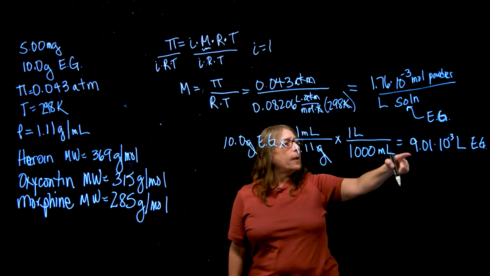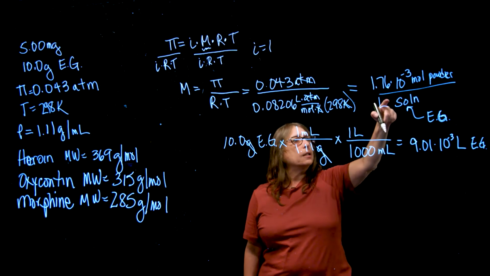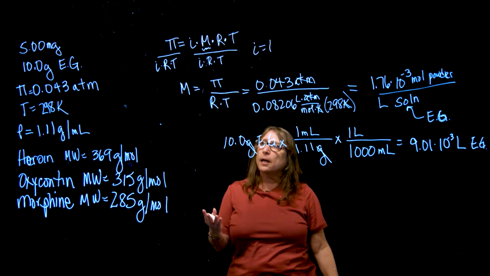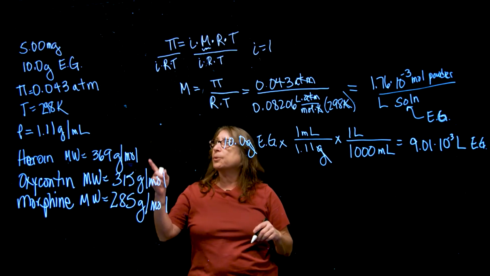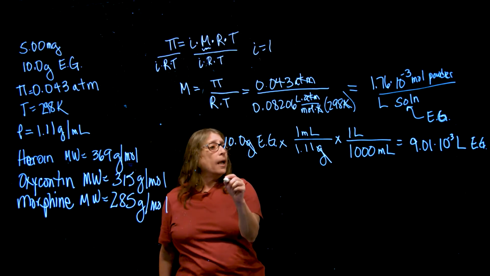So now if I multiply the volume of ethylene glycol by the molarity, I should get moles of my powder, which is good because I have mass.